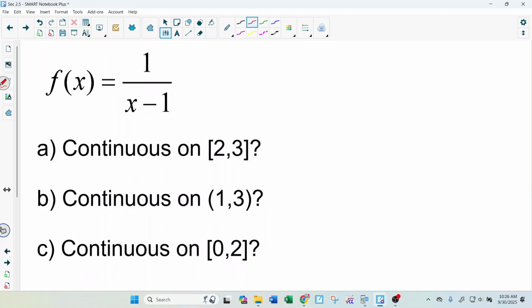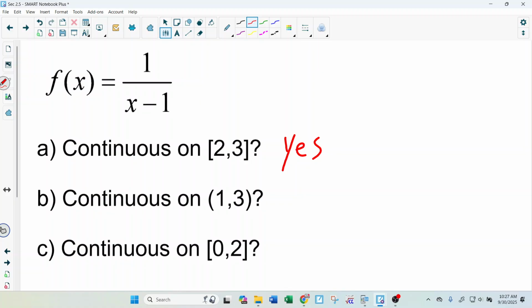So is it continuous on 2 to 3? Yes. Is it continuous on 1 to 3, open interval? Why do you say no? Because you can't have 1 on the bottom. Does that include 1 with the parenthesis?